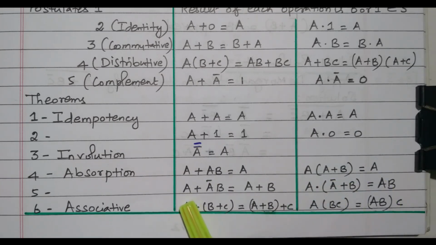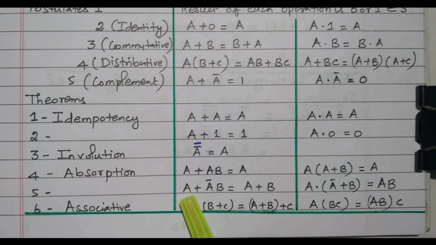Then another, this is an important theorem: A plus A bar B equals A plus B. What is available here? A, and the complement of A with another variable B. In that case we write A as it is. In A bar B, we write the second variable B alone, with no need to write A bar.